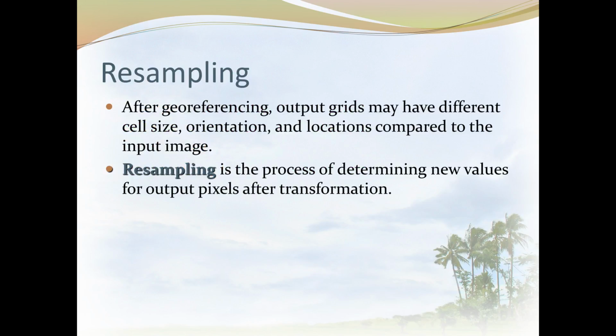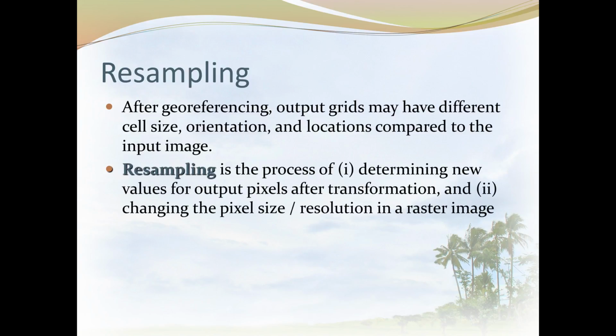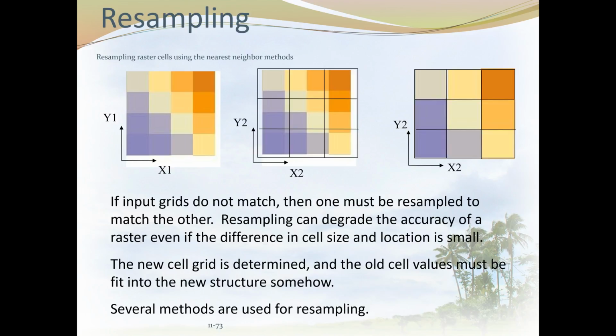So resampling. After georeferencing, output grids may have a different cell size, orientation, and location compared to the input image. Resampling is the process of determining new values for output pixels after transformation and changing the pixel size or resolution in a raster image. So often a raster must be converted to a raster with a different cell size, and this processing is called resampling.